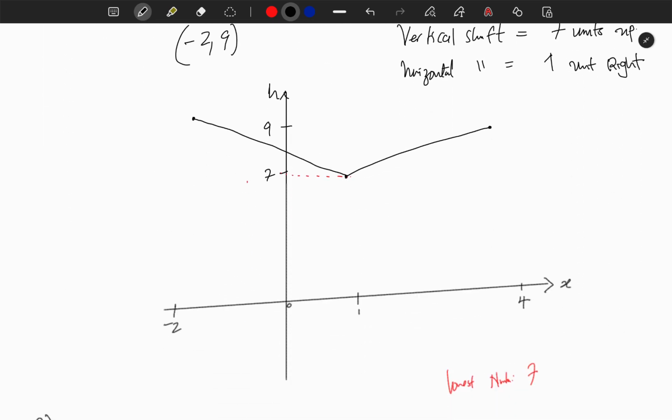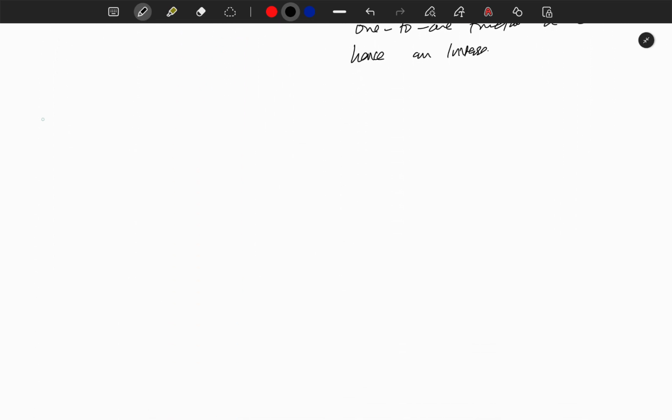Solve the equation h of x is equal to 6. We are saying h of x is equal to 6. All right, let's solve. So we are saying 2 over 3 modulus of x minus 1 plus 7 is equal to 6. Now, we remove 7 both sides.